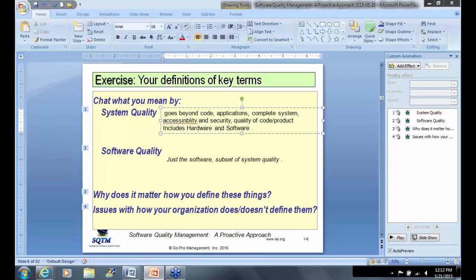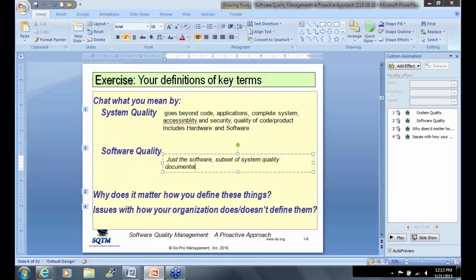Then other things like documentation, I wasn't quite sure where that was, but documentation may be included in software quality, though some people would consider that just part of system quality.